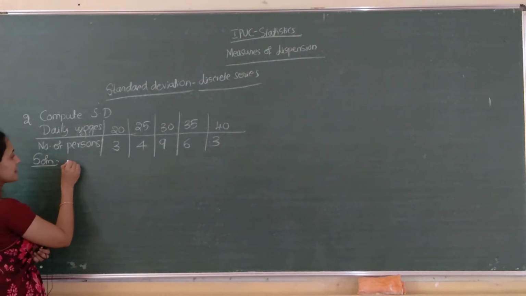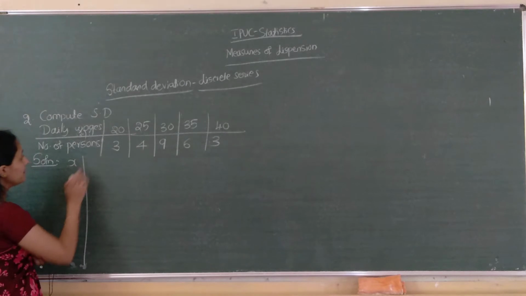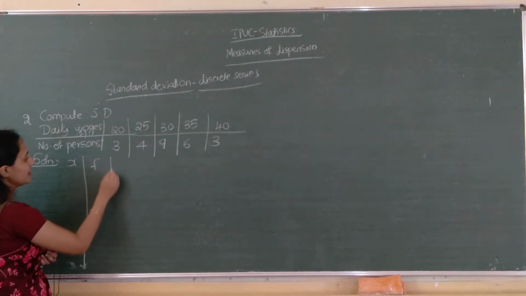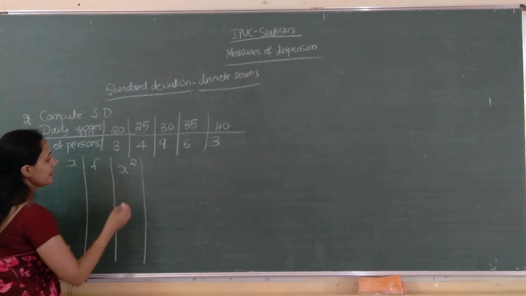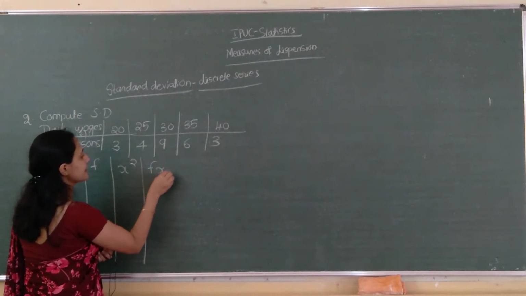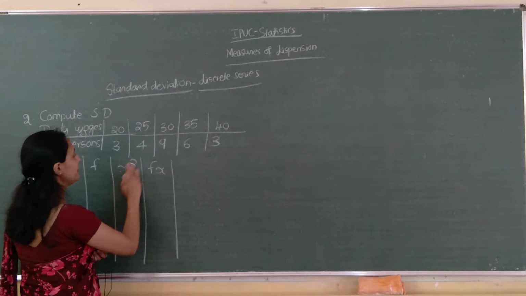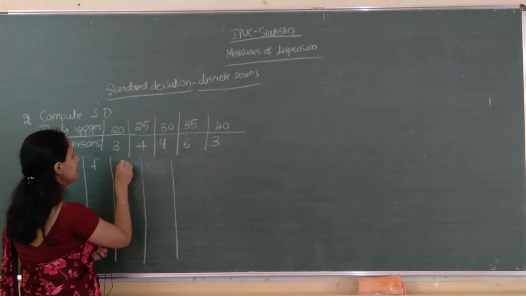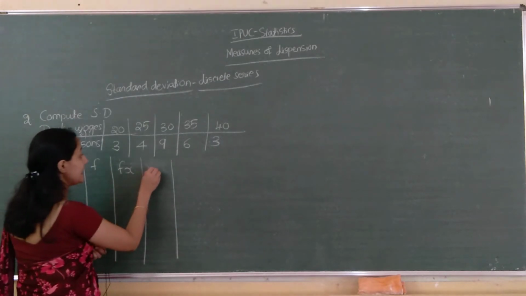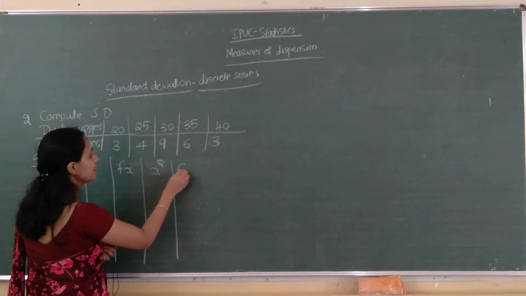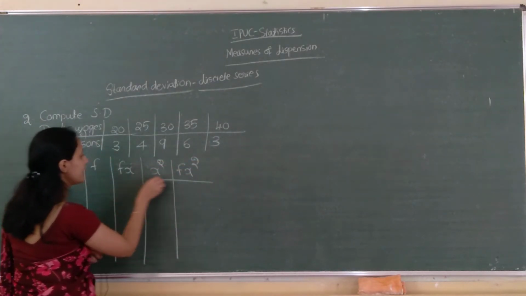Daily wages is actually x, number of persons is f, next x square is required, next f into x. We will do f into x first, so fx is required, next x square is required, next f into x square.